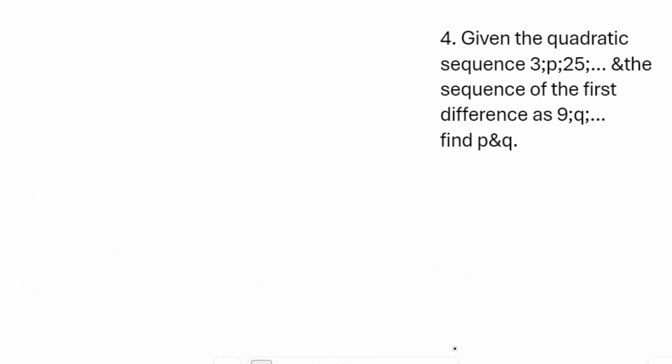So number 4 says, given the quadratic pattern 3, p, 25, and so on, and again the sequence of the first difference as 9, q, and the others that we don't know, find p and q. So we want to write it again. We want to write 3, p, 25, and so on.